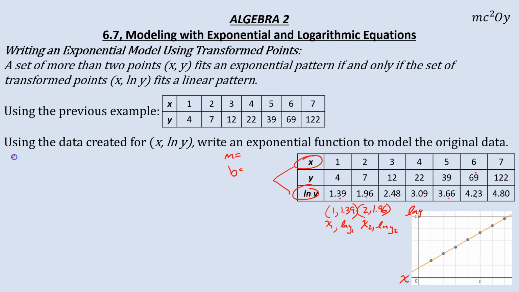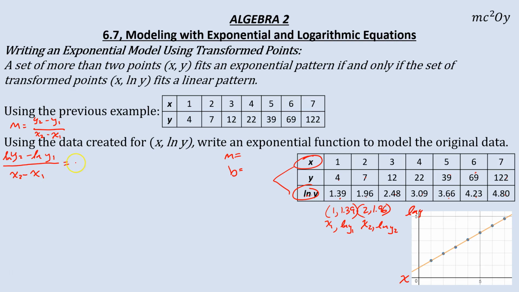So you know ln y2 minus ln y1 over x2 minus x1. That is your slope equation, right? So if you think back, slope is equal to y2 minus y1 over x2 minus x1, back from algebra days earlier this year when we dealt with this.